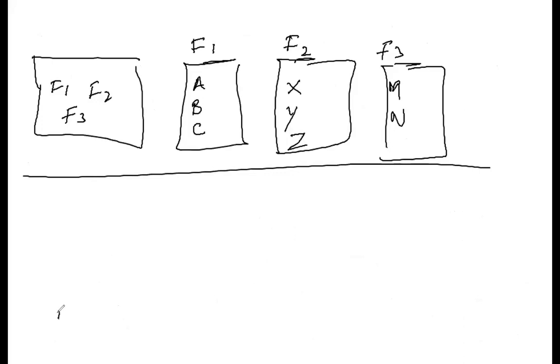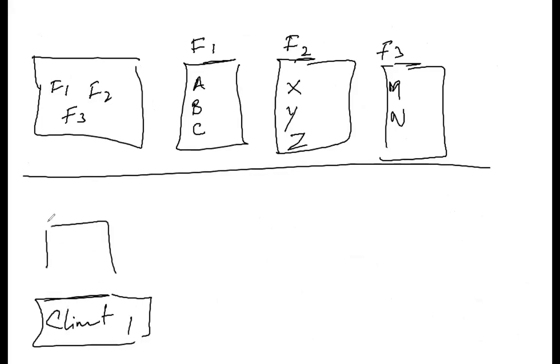And now if client 1 wants to access this data, he will have the updated file like F2 with X, Y, and Z information.